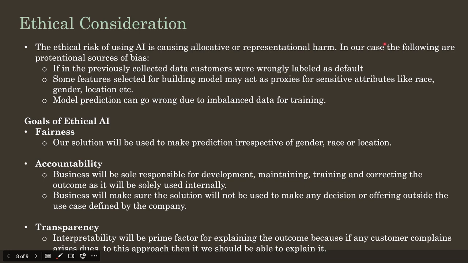Some features selected for building the model may act as proxies for sensitive attributes like race, gender, location, where basically the model is considering these factors predominantly in order to mark a particular customer as a default or a non-default. Or another bias could be where the model prediction itself can go wrong due to imbalanced data that we have gathered so far for building the model.